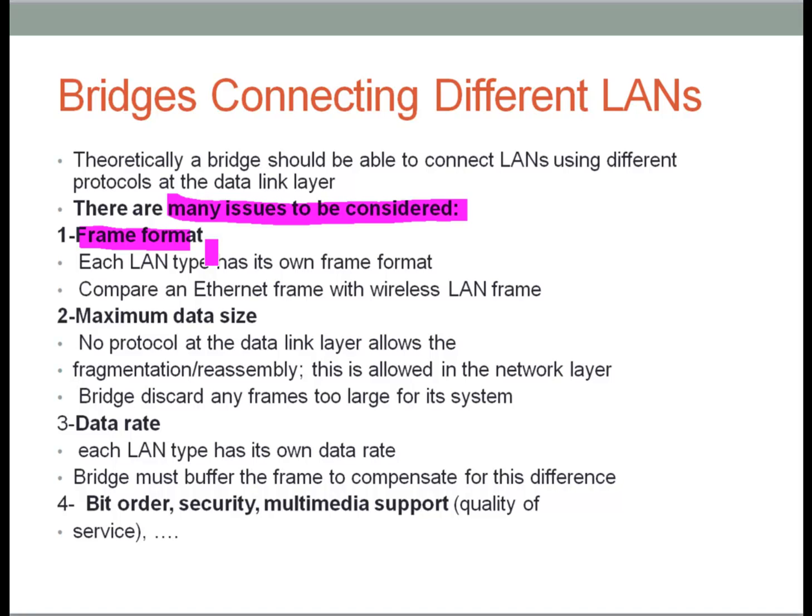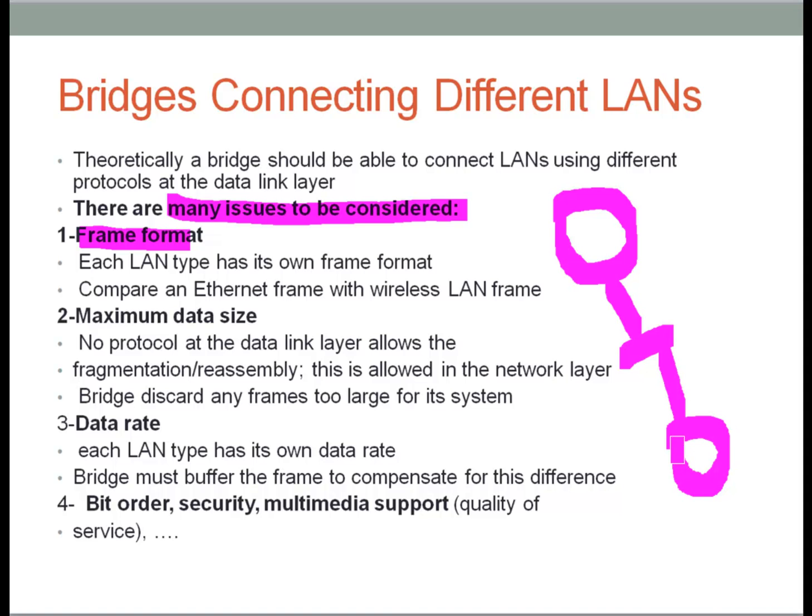For example, this is my first local area network. I am connecting with the bridge, and this is my second local area network, LAN 2. This is the bridge device. Every LAN will have a different frame format.